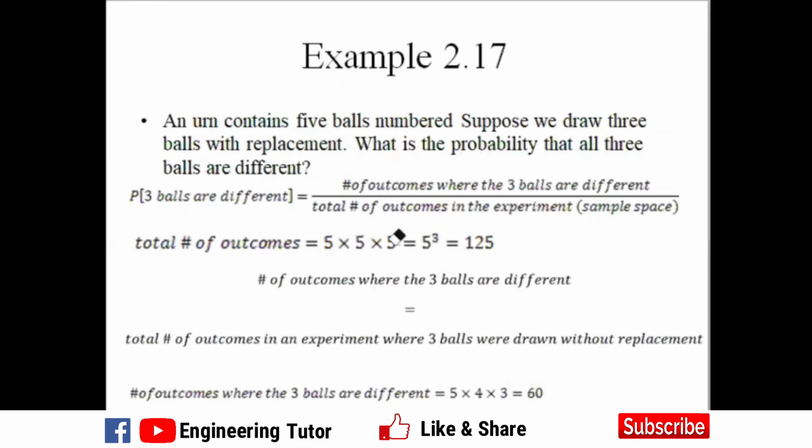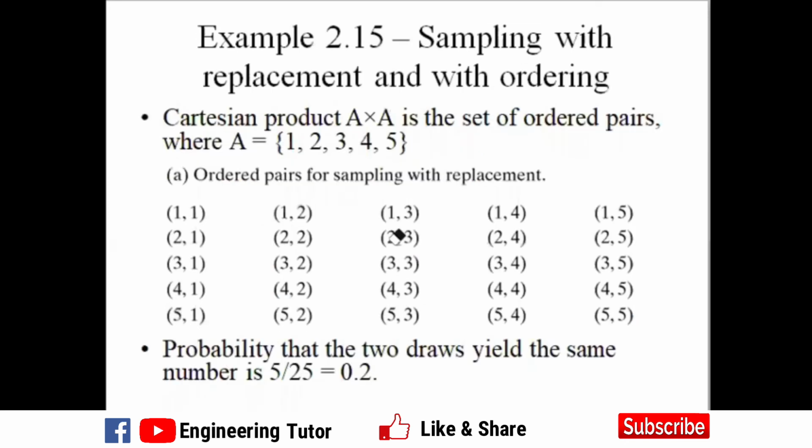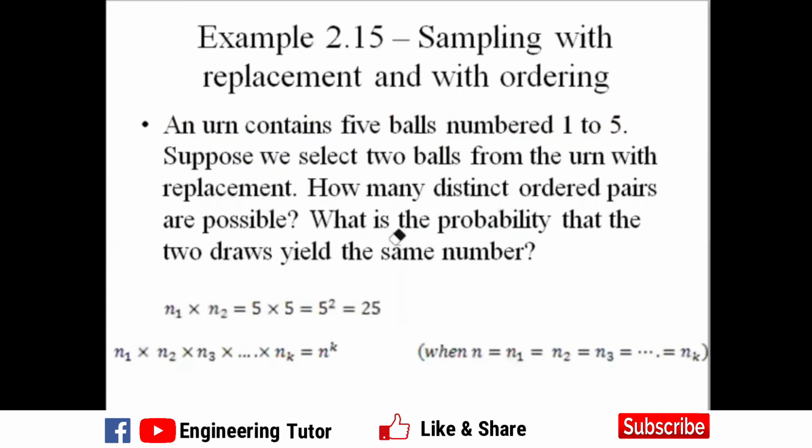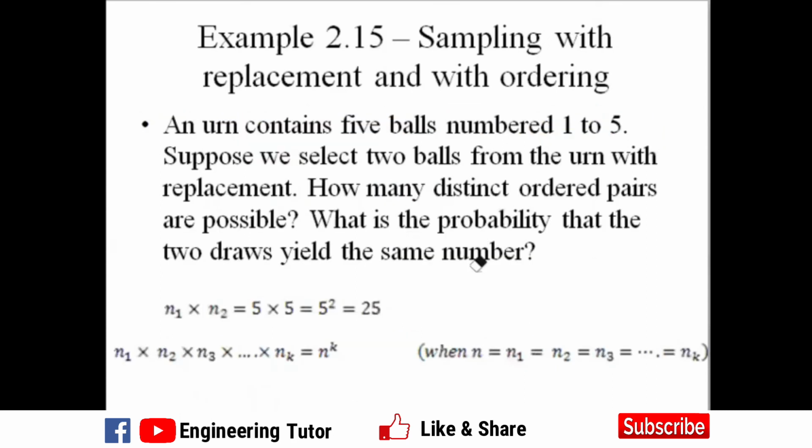Okay, in this problem we saw earlier a question in which we had to find the probability that we draw 2 balls in which the ball number will remain the same.